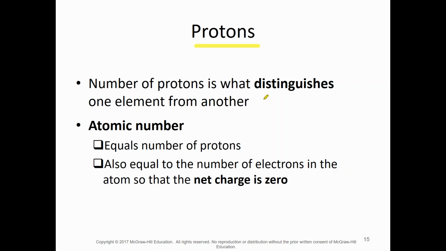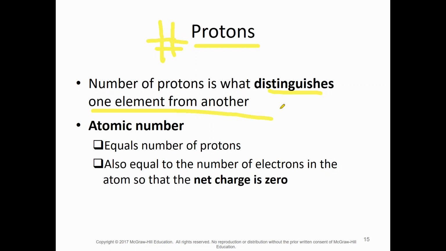The number of protons is really what distinguishes one element from another. So the protons give each atom their identity. Whether an atom is a gold atom or a silver atom or a hydrogen atom is all dependent on how many protons you have.